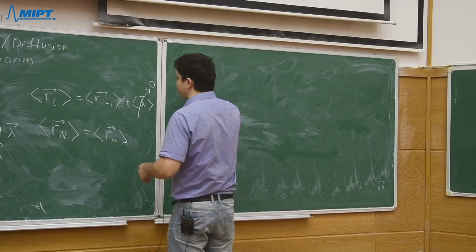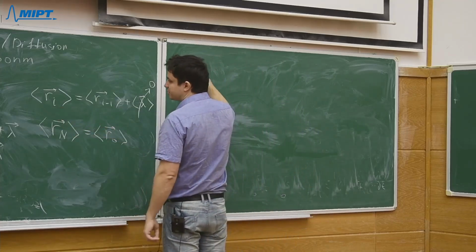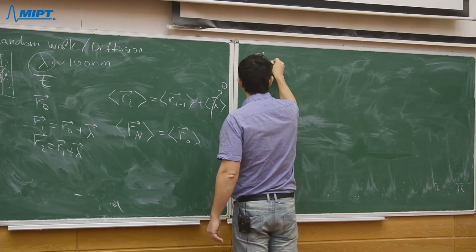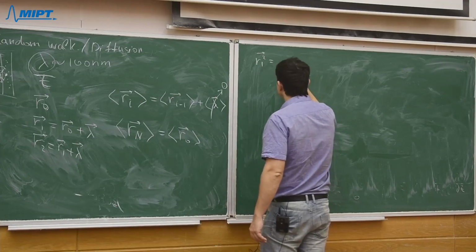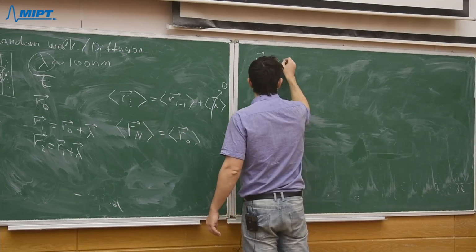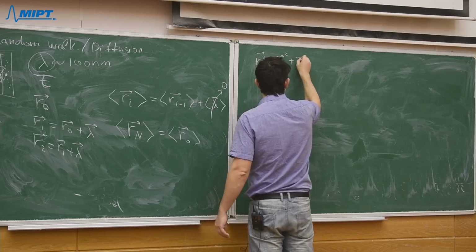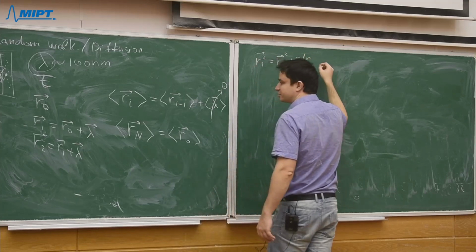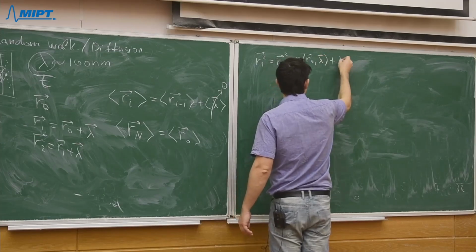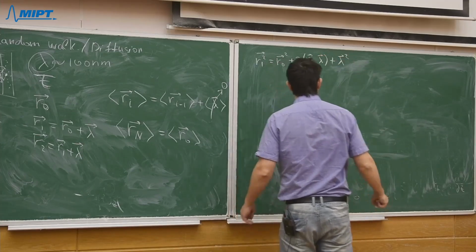So now we are going to look at the squared vectors. Let's say R1 squared is equal to, if we square up all of this equation, R0 squared plus 2 multiplied by the scalar product of R0 times random vector lambda plus random vector lambda squared.